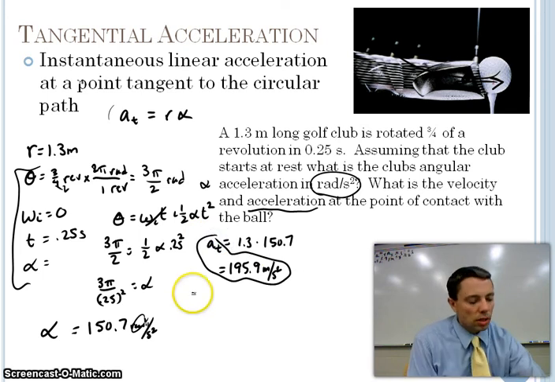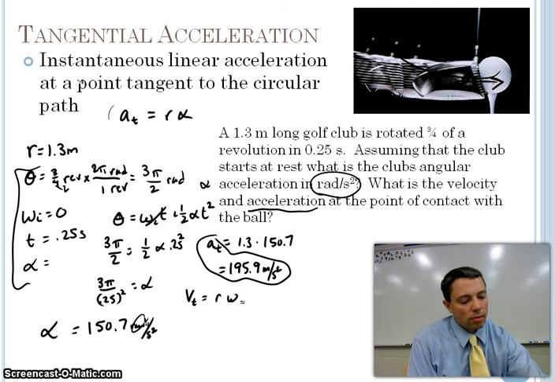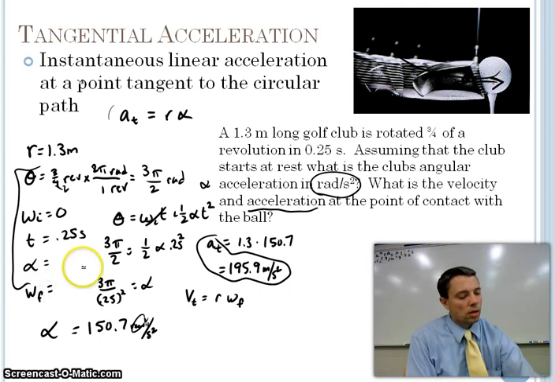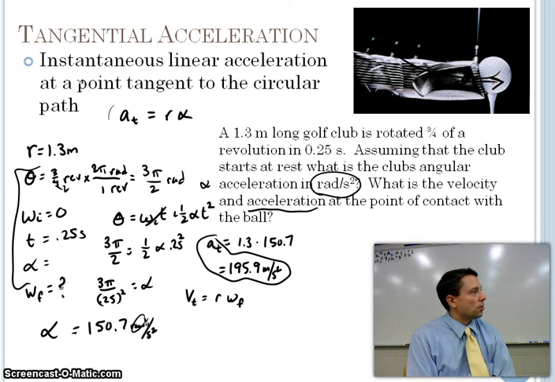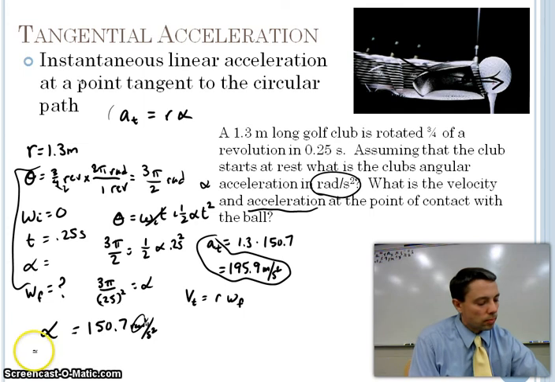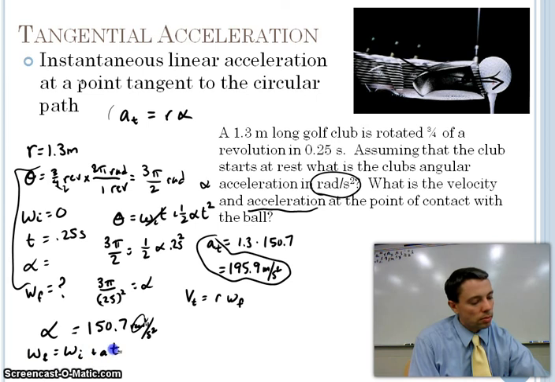To find my tangential speed, I need to know my omega final. So I need to go back here and find my omega final based on the information that I have. And to do that, I'm just going to take my initial omega plus alpha t.